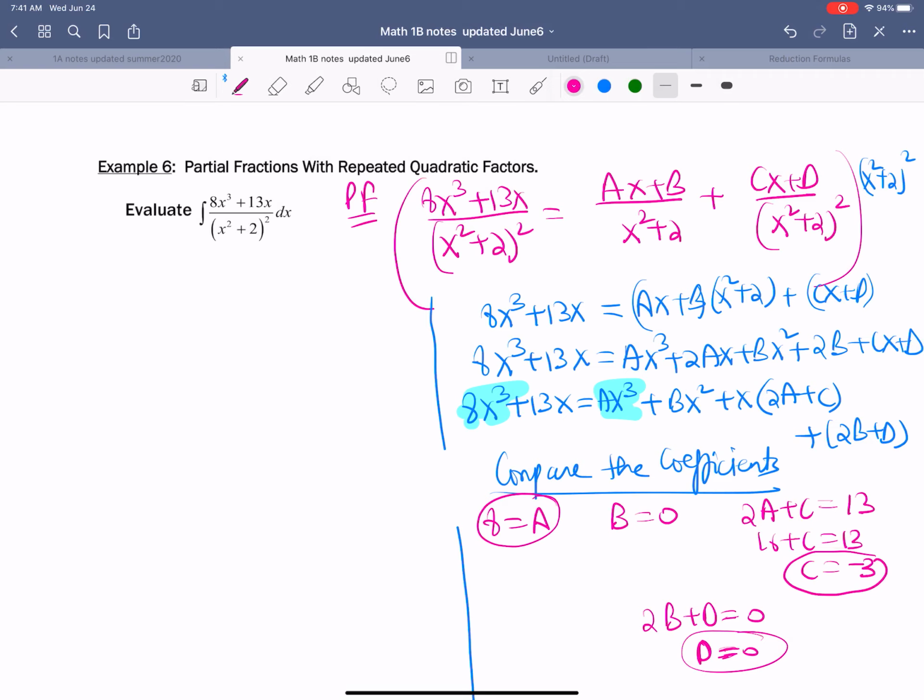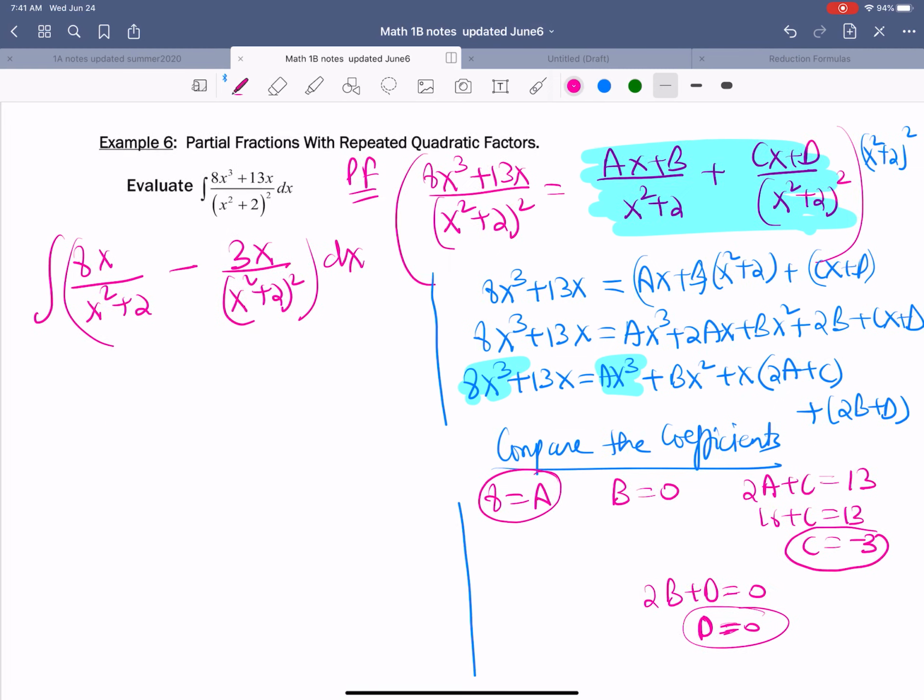All right, so now we will plug these back into the equation. Plug the partial fractions back into the integral, with the values of a, b, c, d. So we'll have 8x, and b is 0, so that doesn't matter, over x squared plus 2, plus c is -3, so I'll pull that out in front: -3x over (x squared plus 2) to the second power dx.